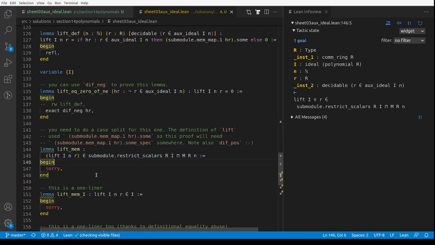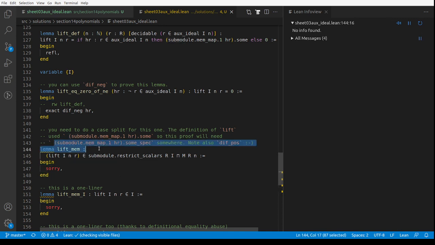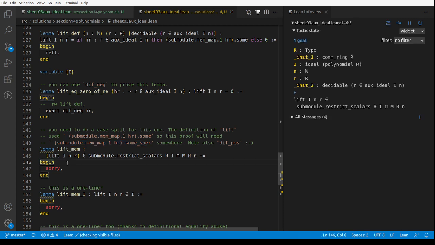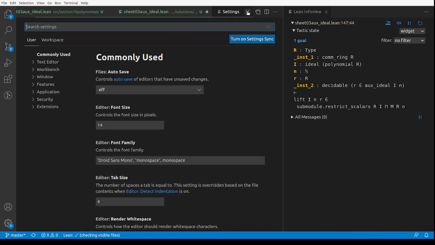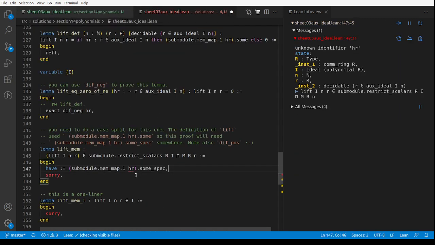So then, again, we could get out of tactic mode completely if we wanted. So now what? Lift mem. Why is the lift in the place where it's supposed to be? Well, that's going to be some spec. Yeah, we need this statement here. So if I do this, then it won't work because we don't have HR yet.